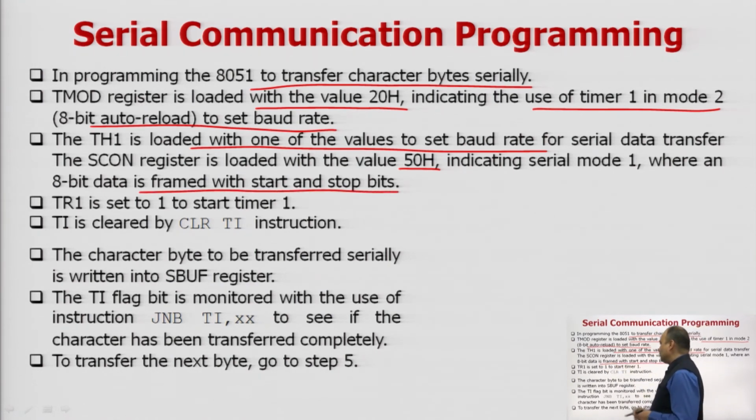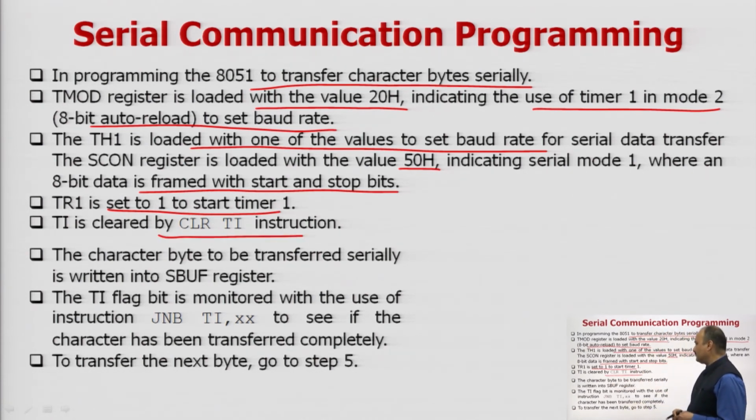Once the values are loaded, TR1 is set to 1 to start Timer 1. Then TI is cleared by the instruction CLR TI. The character byte to be transferred serially is written to the SBUF register.